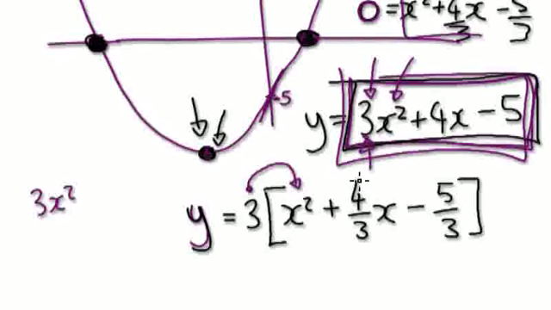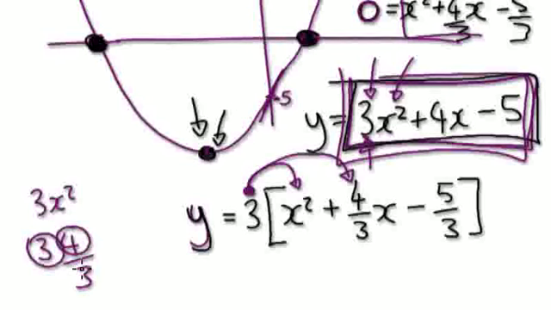And the reason why it's 4 over 3 is because we've taken the 3 out as a factor. So when you multiply this here, it will be 3 times the 4 over 3, and these two cancel each other out, giving you the 4x. That's why we put the over 3 in here.